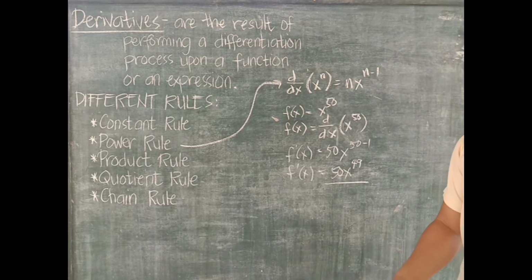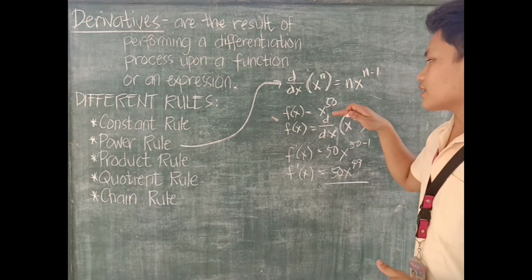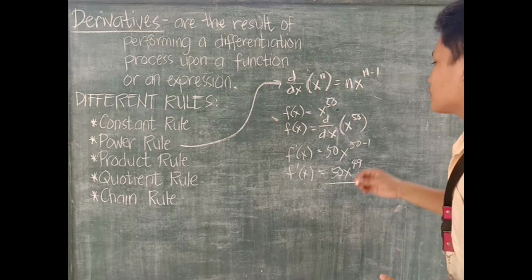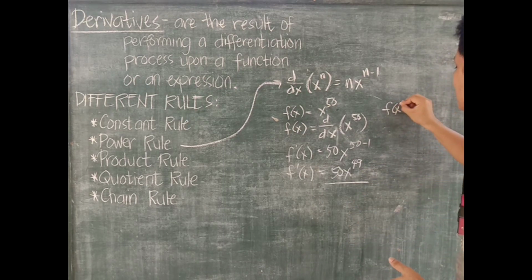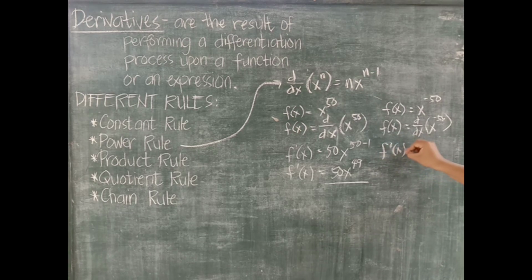So what if, let's say for example, the exponent is negative. The same process goes: f of x is equal to x raised to negative 50. So let's do the process. f of x is equal to d with respect to x of x raised to negative 50. f prime of x is equal to negative 50 times the imaginary 1, which will be negative 50.